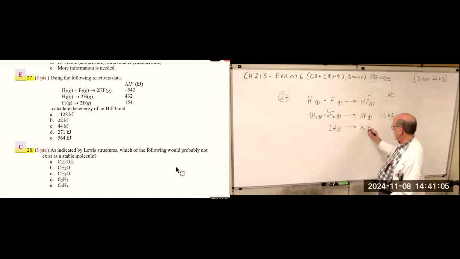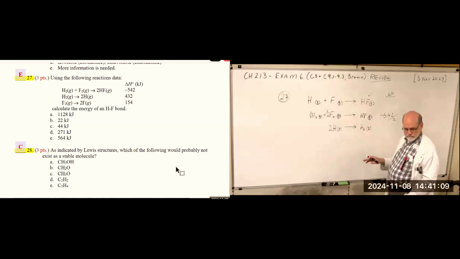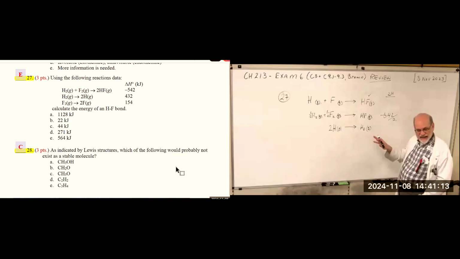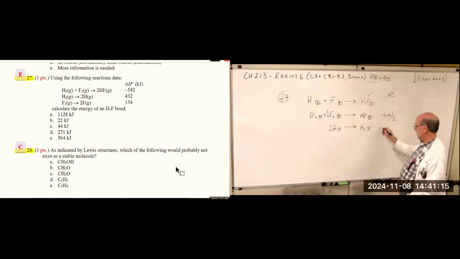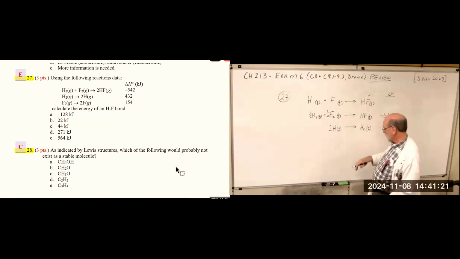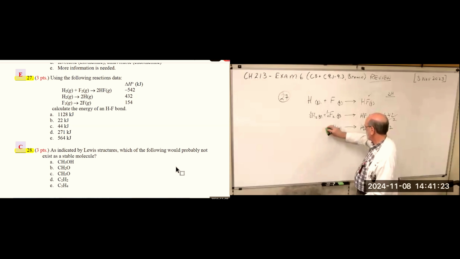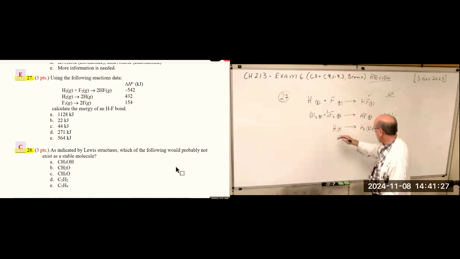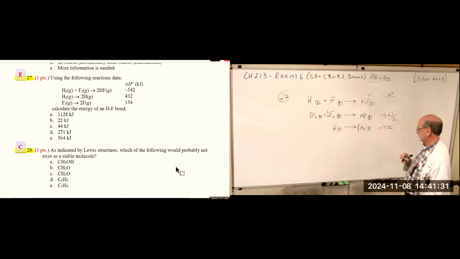H2, that. What we need is half of that. But the sign has to be reversed, right? 432, minus 432 because we flipped the equation. But now we want to do half. So I'm going to say that and that.